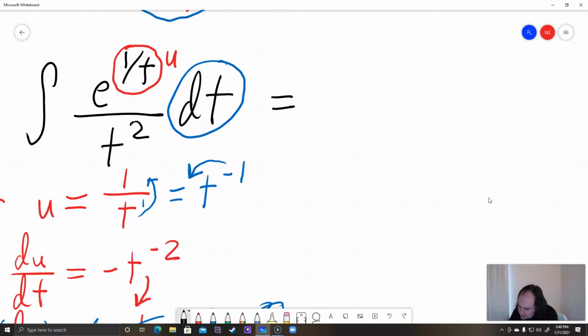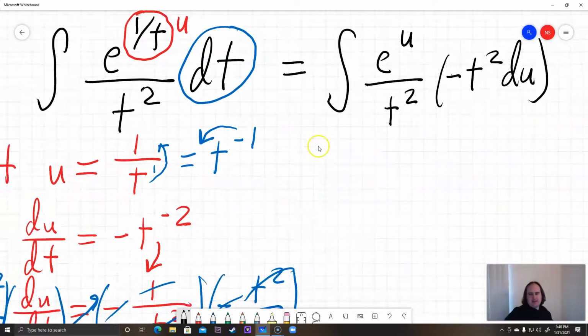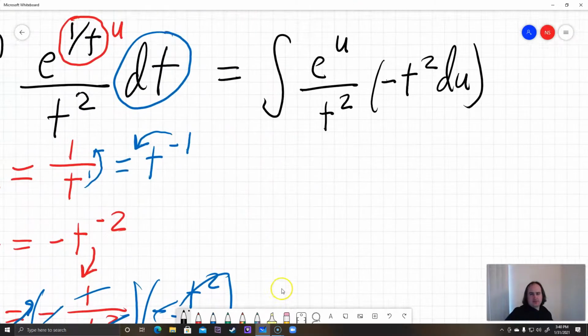So we're going to have the integral of e to the u over t squared times dt, which we said was negative t squared du.